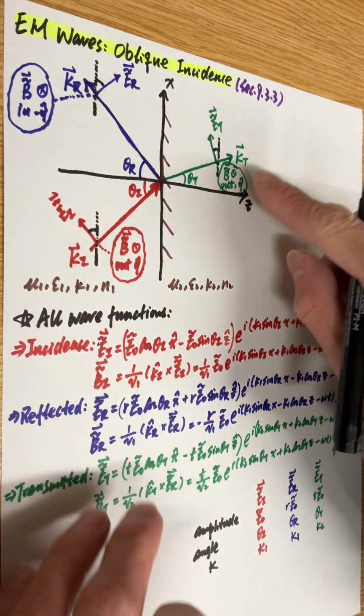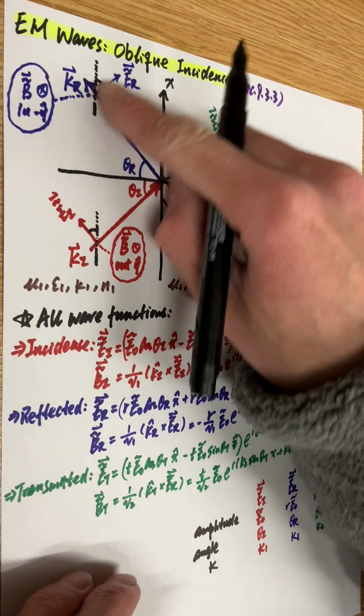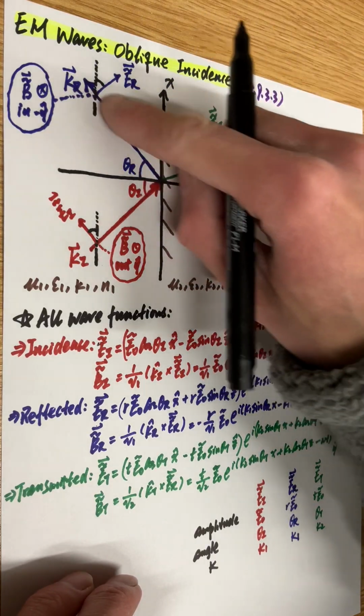They would have the same sign for the X component, Z component. But this one would have a different sign for the Z component.